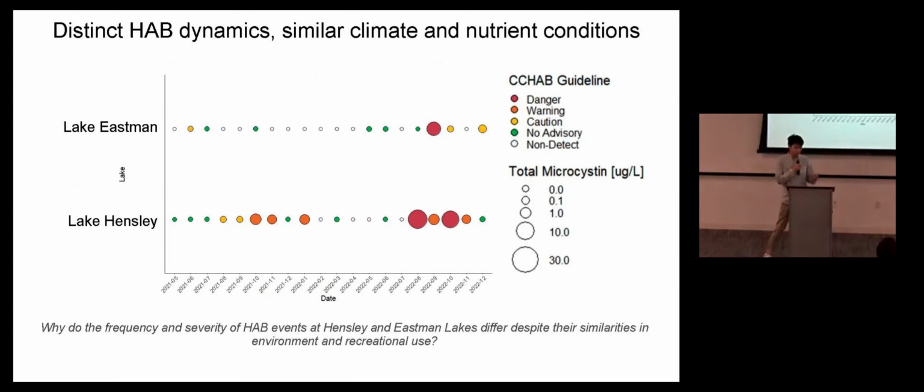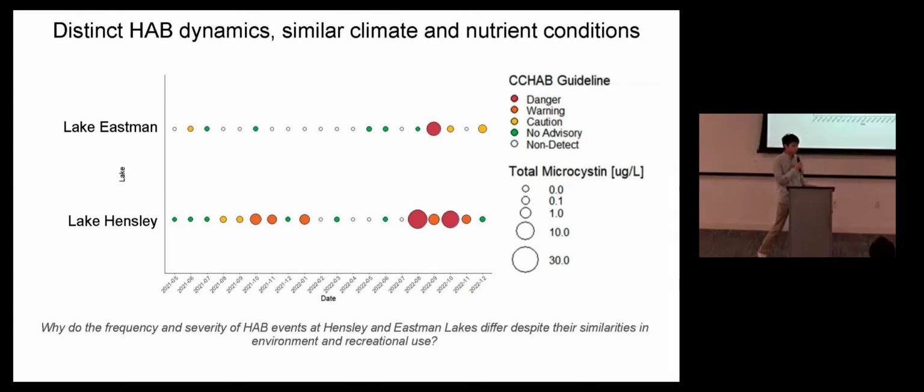Despite the similarities we just described, there's a clear difference in toxins between the two lakes. Here we have a bubble plot showing the toxin detections and health concerns based on the California cyanobacterial and harmful algal bloom, or CCHAB, thresholds. On the y-axis, we have our two lakes, Lake Eastman on top and Lake Hensley on the bottom. The x-axis is months and years for the duration of the study.